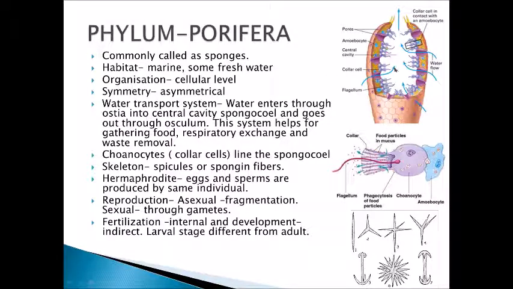So these cells are choanocytes. Here you can see the enlarged picture. The name collar cell is given because this part is called a collar. So these choanocytes are special cells present as the inner lining of the spongocoele.